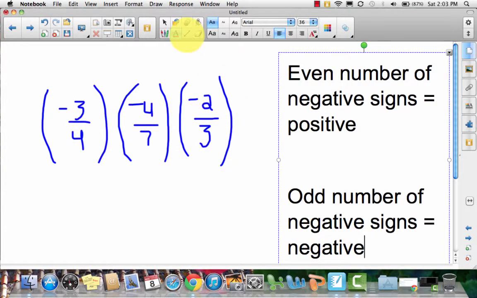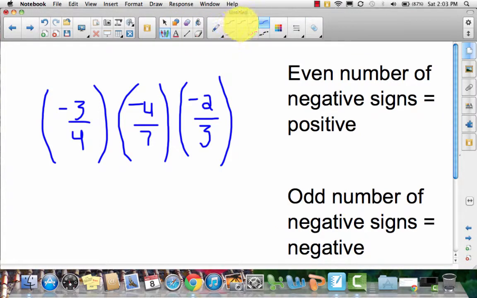So I'm going to start off here, and I'm just going to work my way left to right. I'm going to start with these first two fractions, and just like before, I can cross cancel, so I can divide the 4 and the 4 and make them both 1s. A negative 3 times a negative 1 gives me a positive 3.